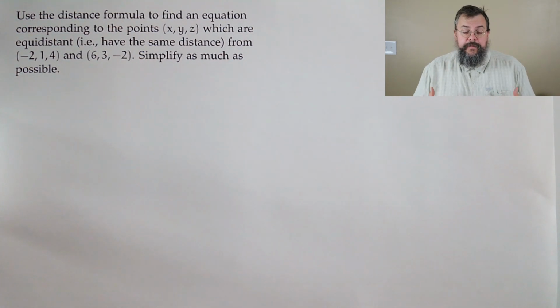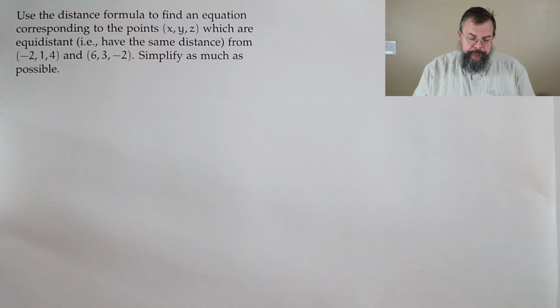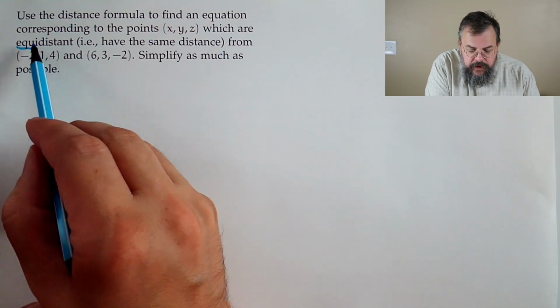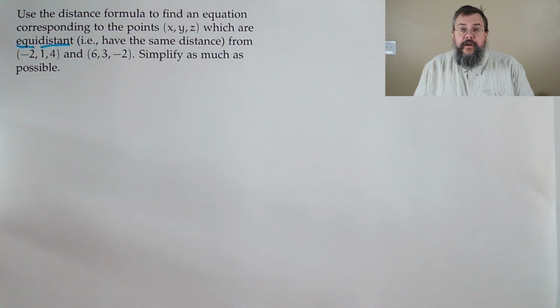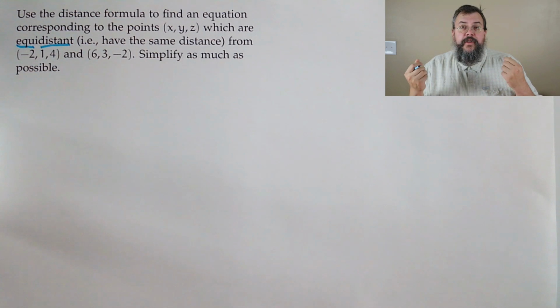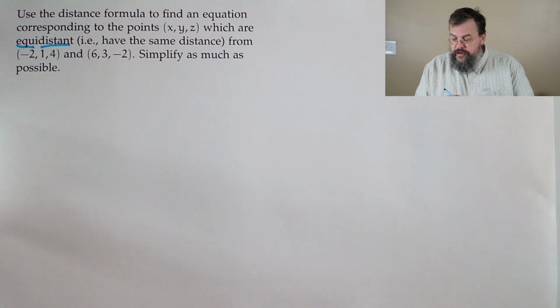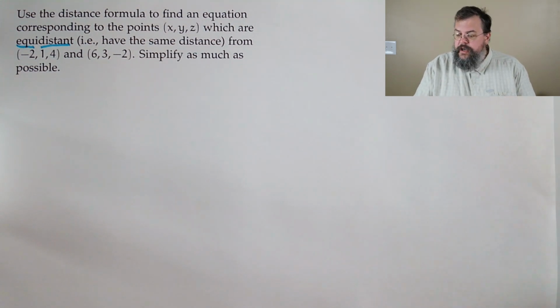Now, the good thing about this problem is it kind of tells us how to start. Even though it doesn't feel that way, we can say, hey, we know things have to be equal distance. So this is about starting with distance formulas and saying distance formulas which are equal to each other. So we're going to write down our two different distances.